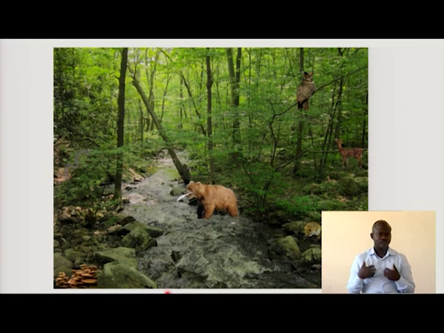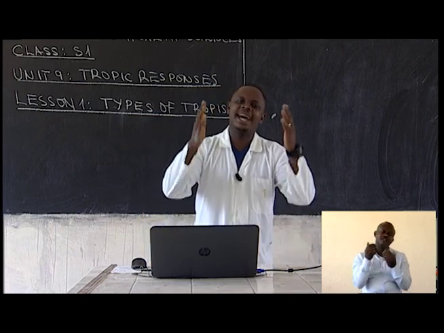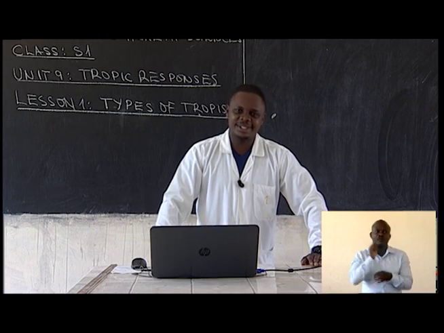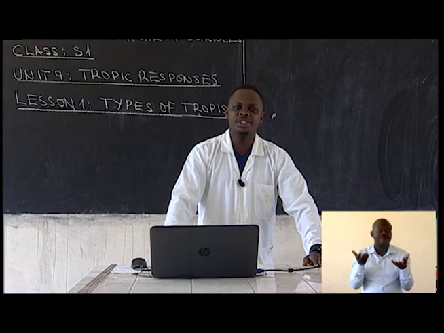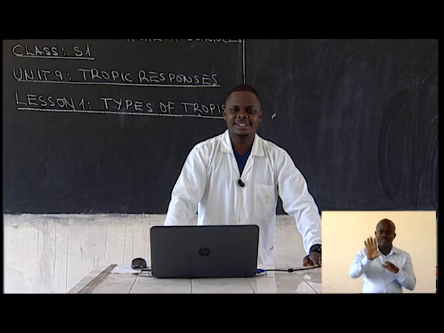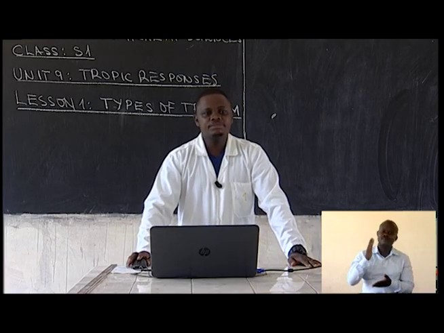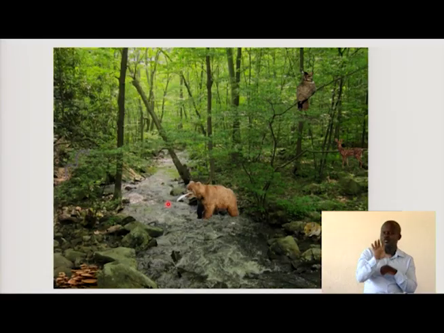And from here, my question is, which diagram of the two do you like most? It's your opportunity to choose the one you like most. Yes, some are going to choose the first diagram, others are going to choose the second diagram.